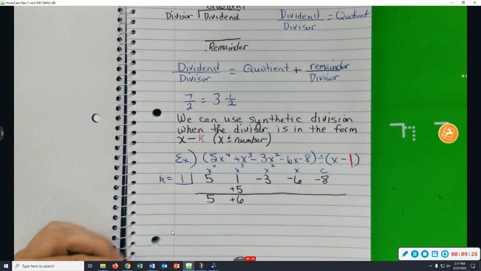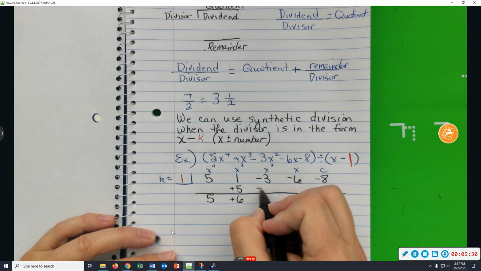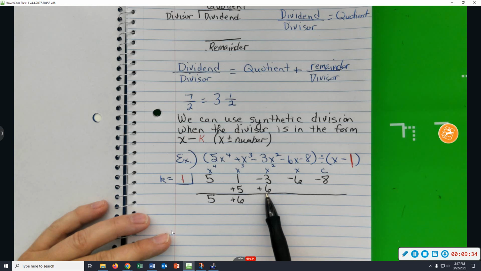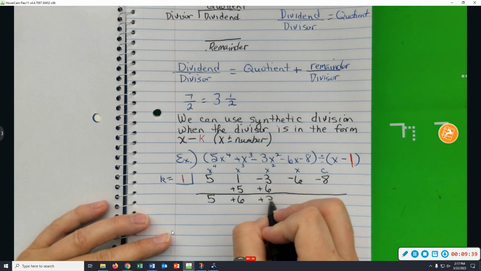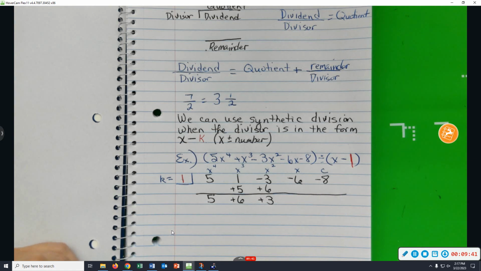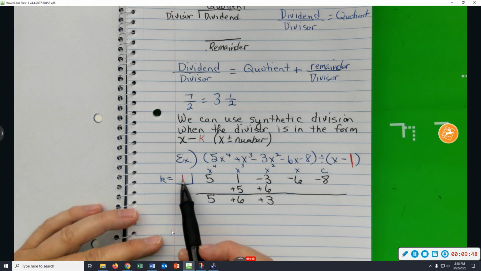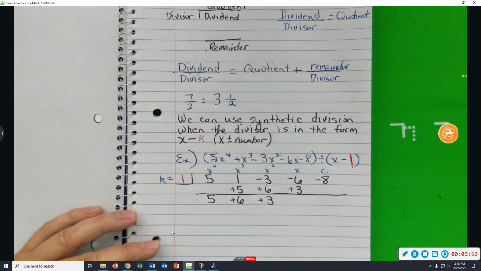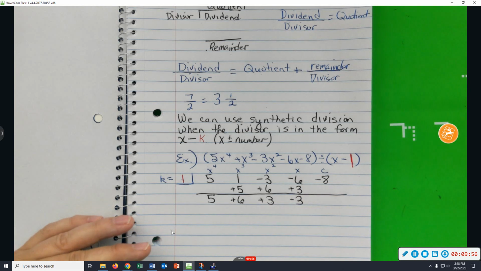Then you repeat the process. 6 times 1 is a +6. -3 plus 6 gives me +3. +3 times +1 is another +3. -6 plus 3 gives -3.